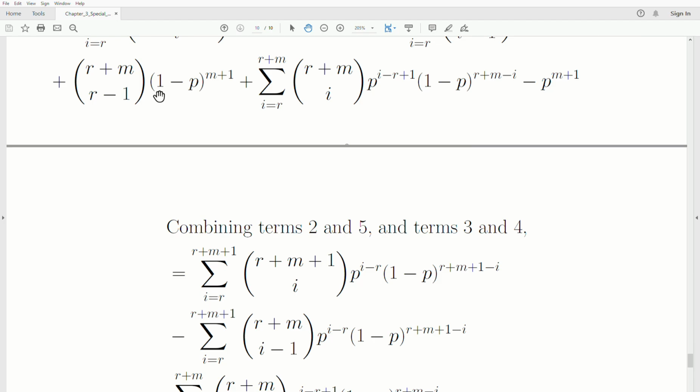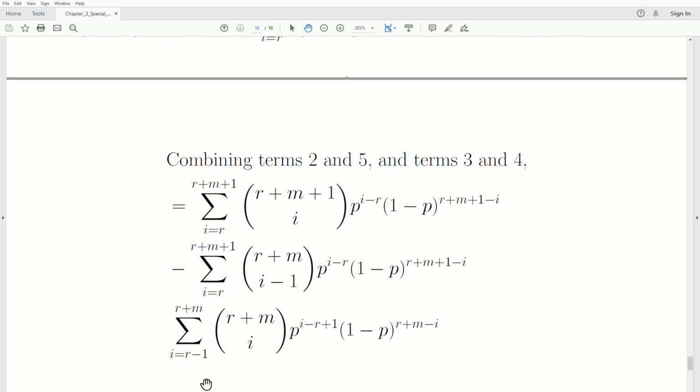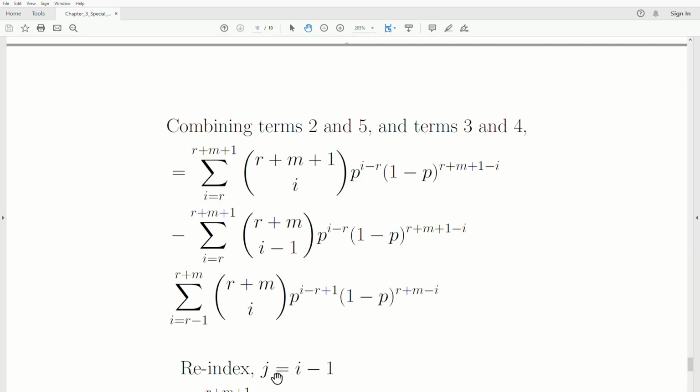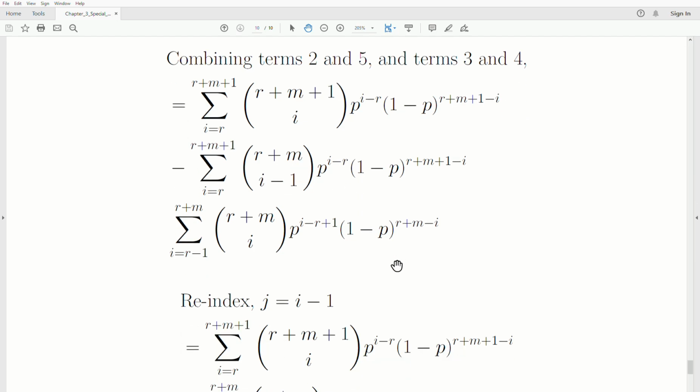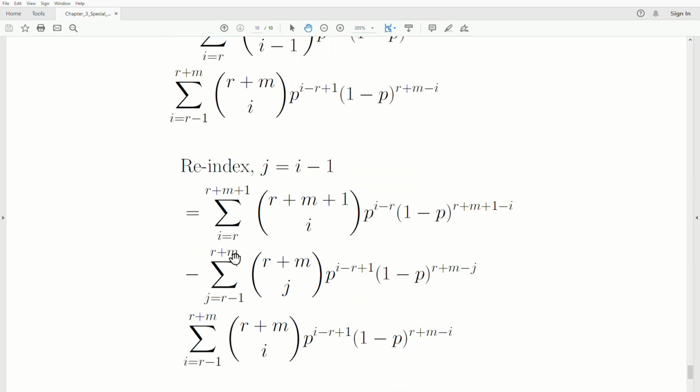And then these two, this one actually gets taken into the initial state. So it's i equal r minus 1. So that's this. Well, this here, if we re-index it, so re-index it j equal i minus 1, then this term becomes this. So it's indexed at j.